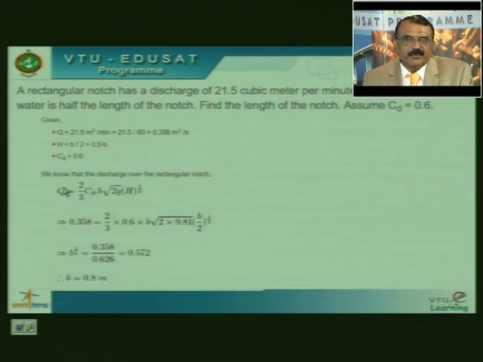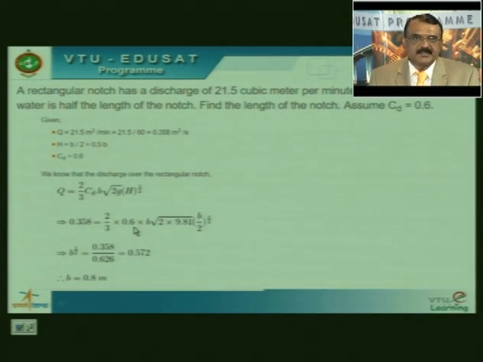Now, Q is given. You converted that into 0.358 cubic meter per second. 2/3 is constant. CD is constant, 0.6, that is given in the problem. L is not known. You need to find the value of L. Root 2G is constant, but you remember H is equal to L by 2.